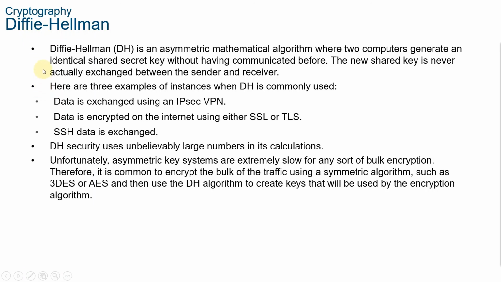Unfortunately, asymmetric key systems are extremely slow for any sort of bulk encryption. So therefore, it is common to encrypt the bulk of the traffic using symmetric algorithms such as 3DES and AES, and then use the Diffie-Hellman or DH algorithm to create keys that will be used by encryption algorithms.